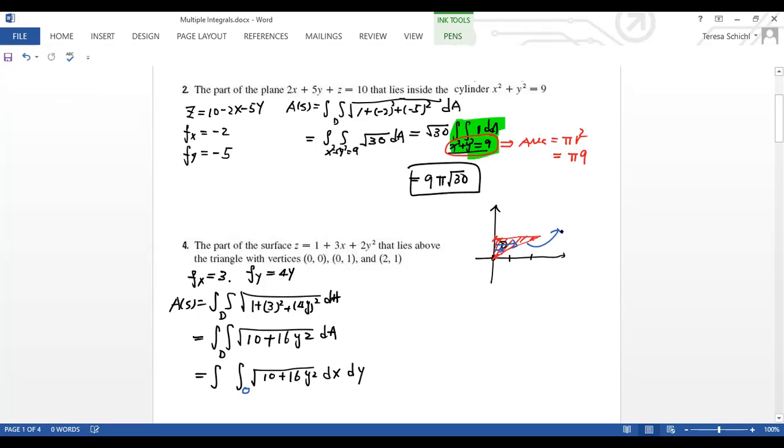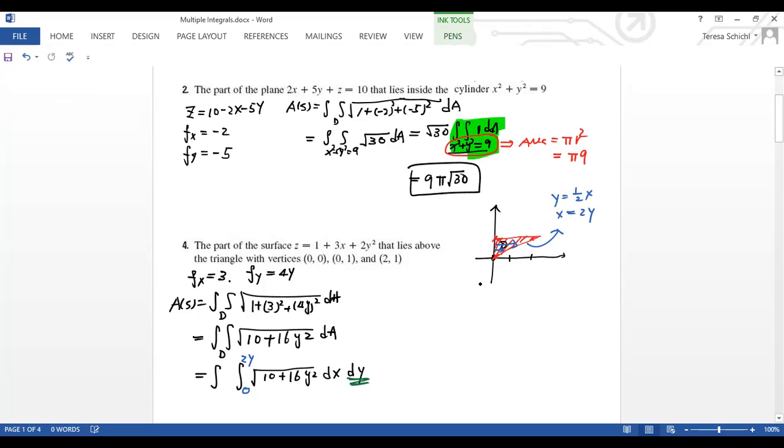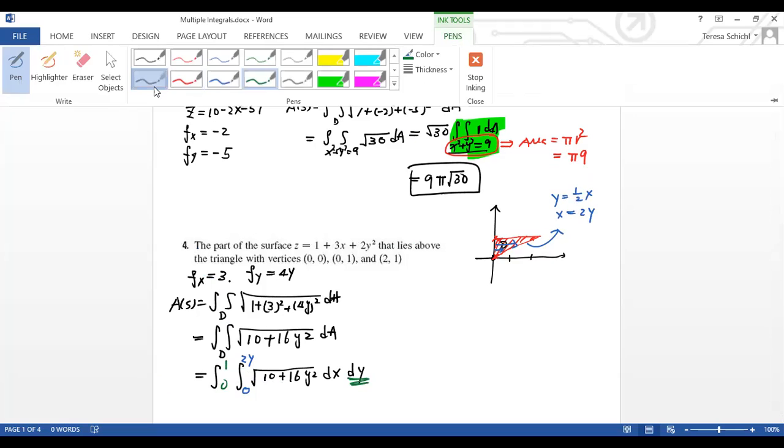The slope is rise over run, 1/2, so y equals 1/2 of x, which means x equals 2y. So x goes from 0 to 2y, and y goes from 0 to 1.